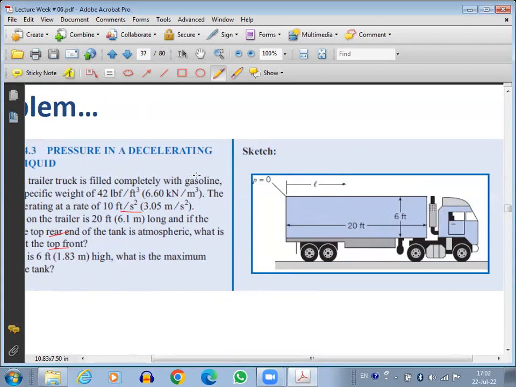It will start slowing down. The deceleration is 10 feet per second square, which is 3.05 meter per second square. Deceleration.